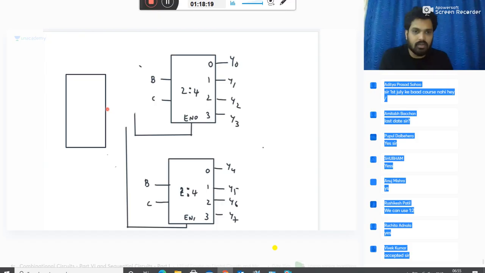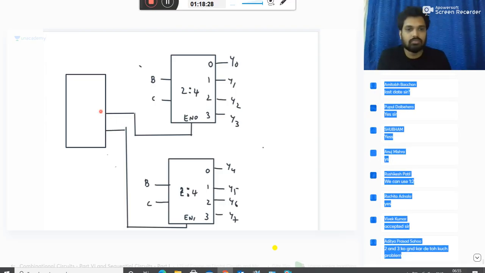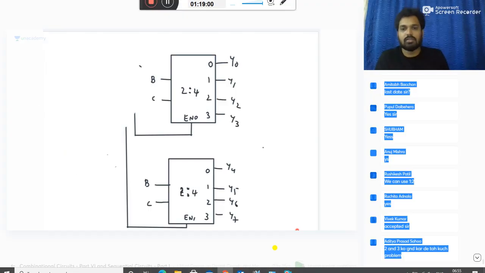I think when I went to IIT Delhi during my MTech admissions, they asked me this question: how to make, I think, 3 by 8 only. You can do like this, no problem. Or if you want, you can also do like this.